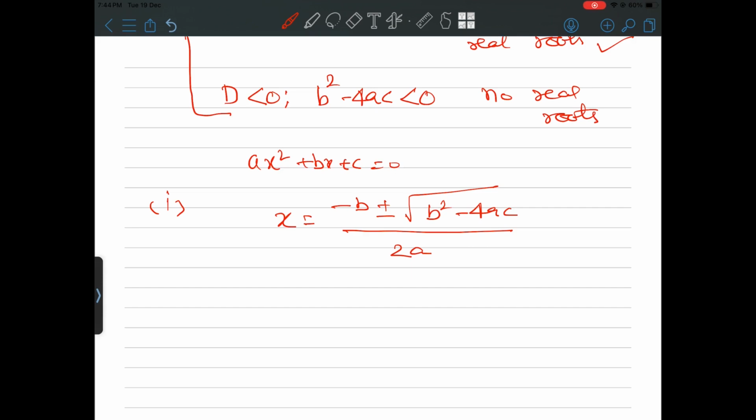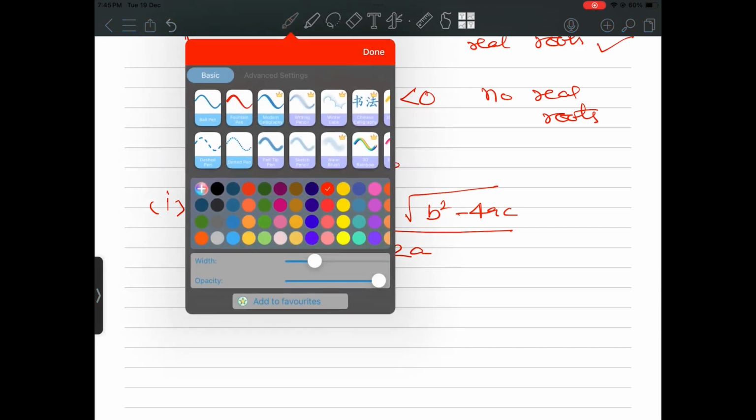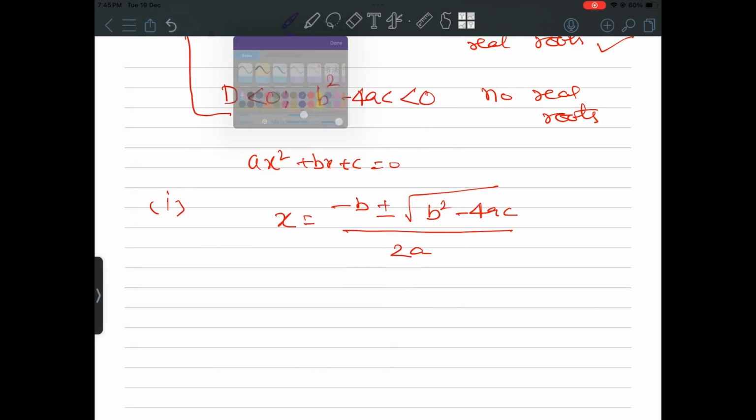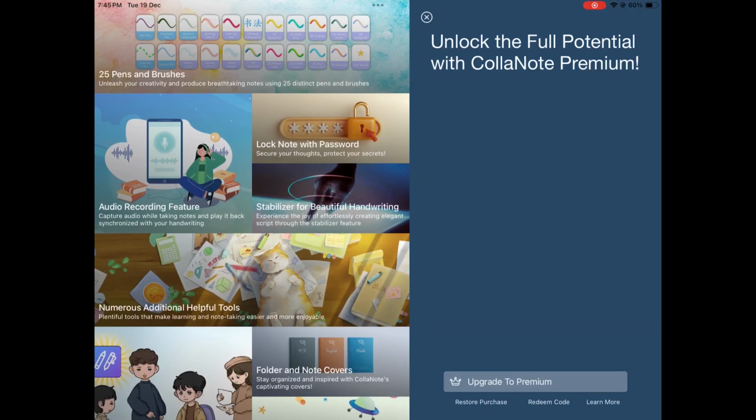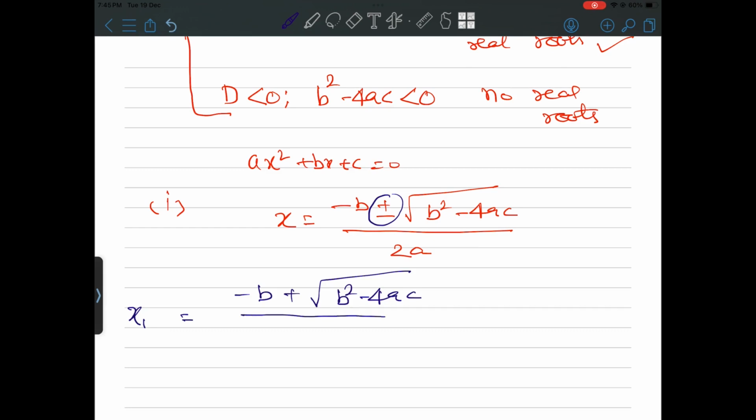Because you see here, we have a plus and minus, right? So it means that the first time, suppose you are trying to find root 1, x1, what will you say? x1 is minus b plus under root b square minus 4ac upon 2a, right?